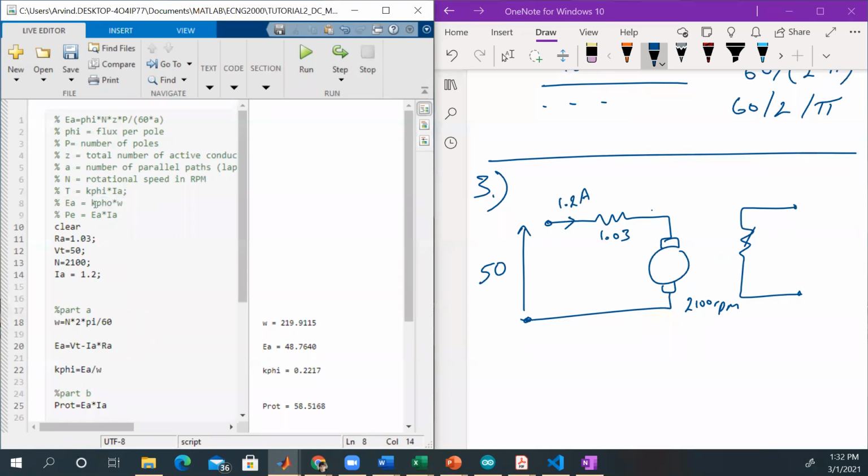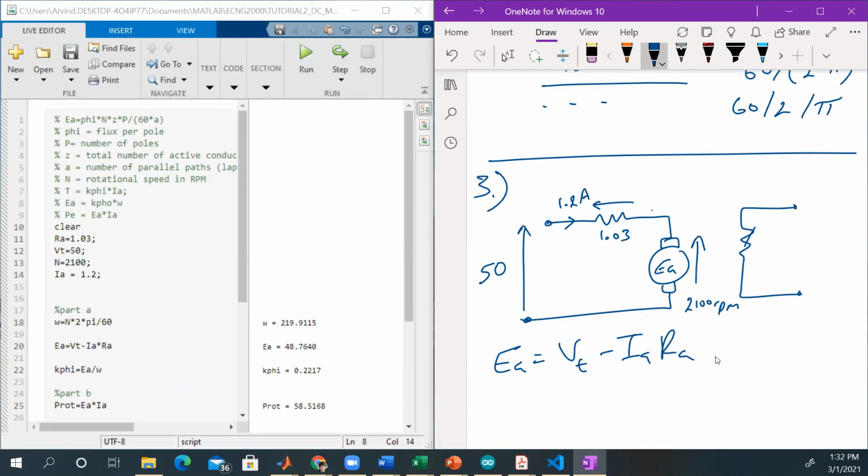So we have the speed, we just have to work out the EA, right, the armature voltage. So again, same thing, EA is equal to VT minus IA RA, right?